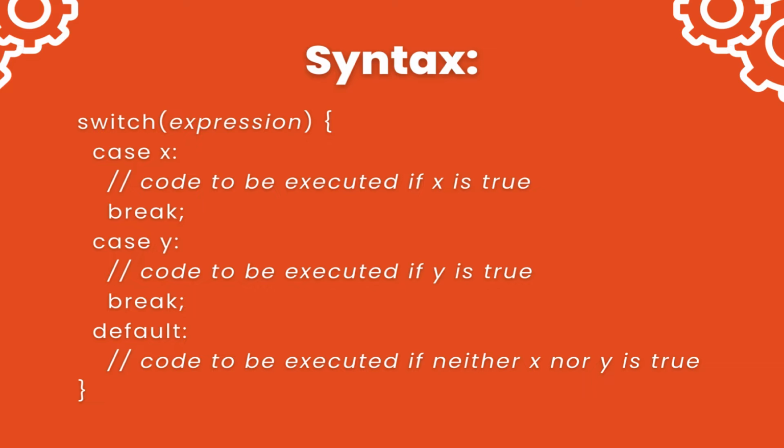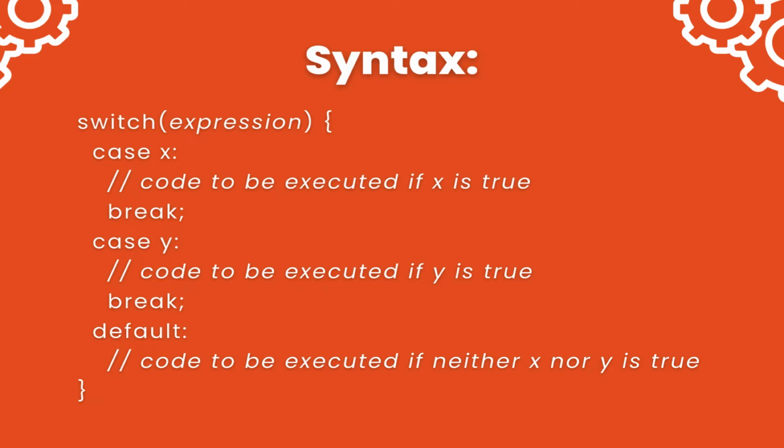So, for example, where it says x is where you can write the first condition. If that condition is true, then the code written below x will be executed. If the condition in the first case is not true, it will move on to the second case condition. If the condition in the second case is true, it will execute the code written below the second case.